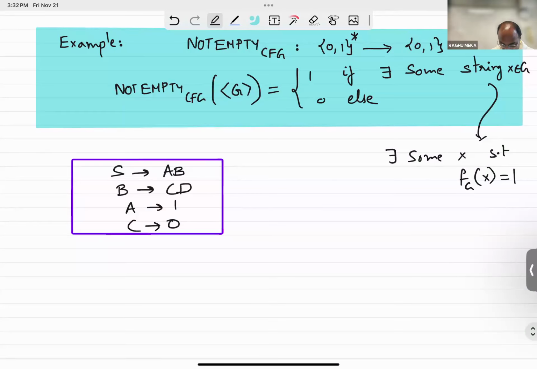Why do you think so? Why is the grammar empty here? The reason is no matter what you do, I go to A, B, B goes to CD, I cannot get rid of D. D is a variable. For something to be in the language, it should contain only terminals. But I'm always left over with D, and I'm not getting rid of it. So the language is empty.